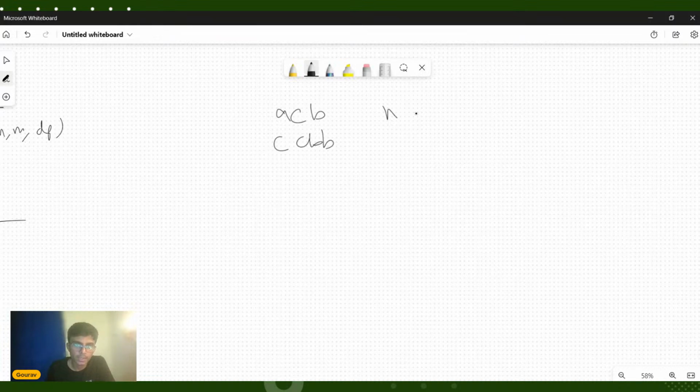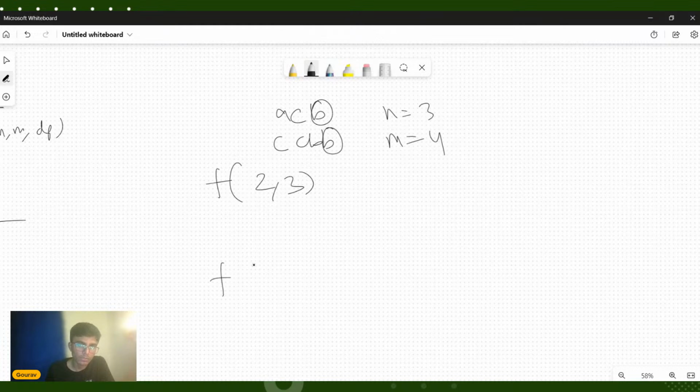So we are initially sending the value 2 comma 3, because this is index number 2 and this is index number 3. Once we see that both the values are the same, we call the function. So now our answer is basically 1 plus this being recursively called for these two variables.